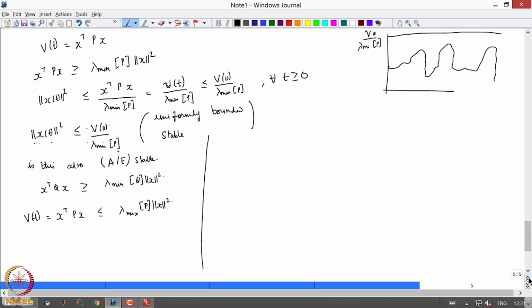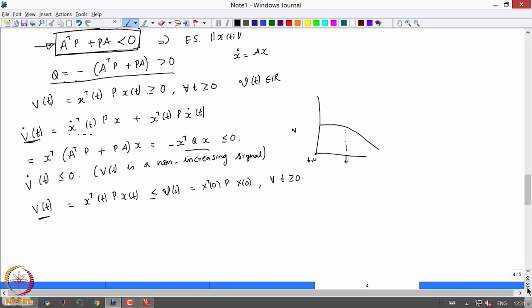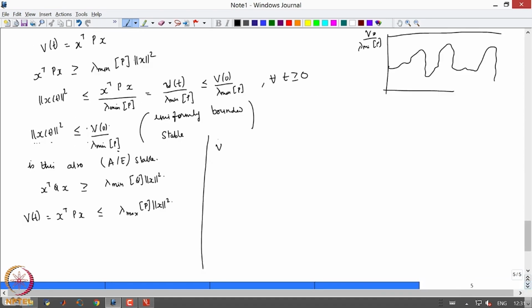Now, look at the expressions for V dot. What we can say is the following: V dot, which is minus x transpose Qx, will be less than or equal to the negative of lambda min of Q times the norm of x squared. Using that inequality on top, this will be less than or equal to minus lambda min of Q over lambda max of P times V, and this happens for all times t greater than or equal to 0.